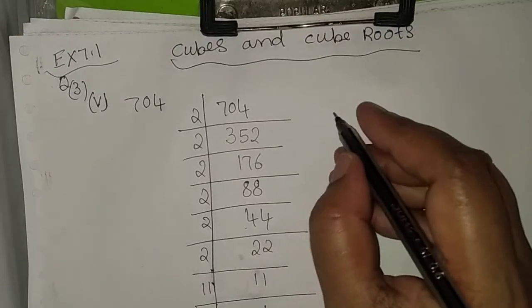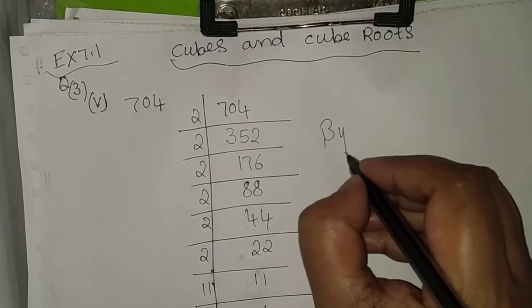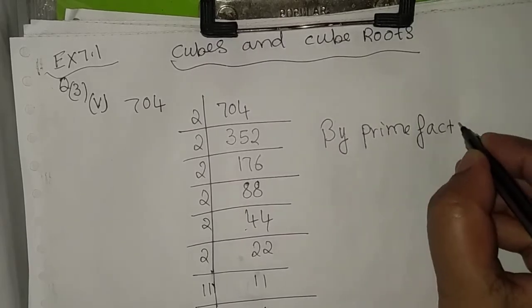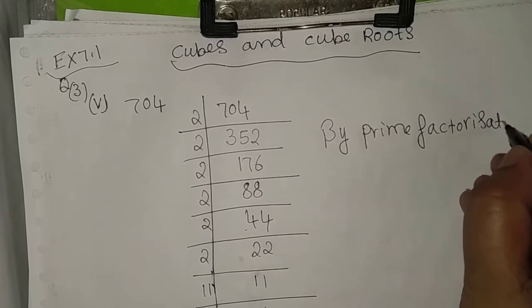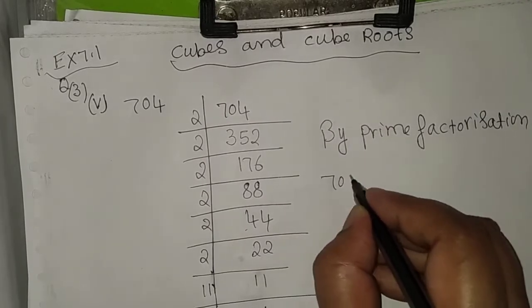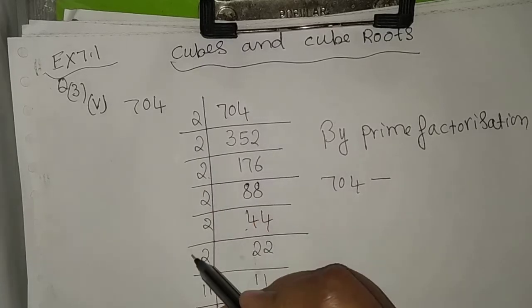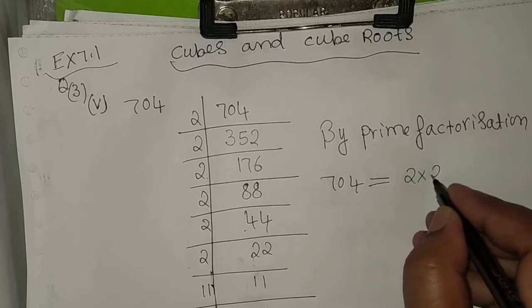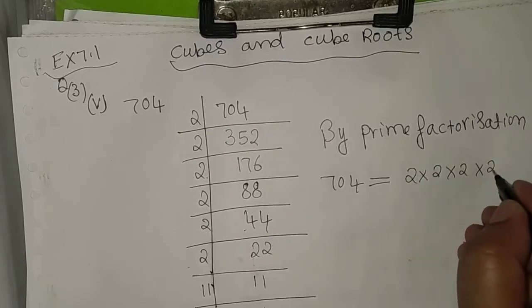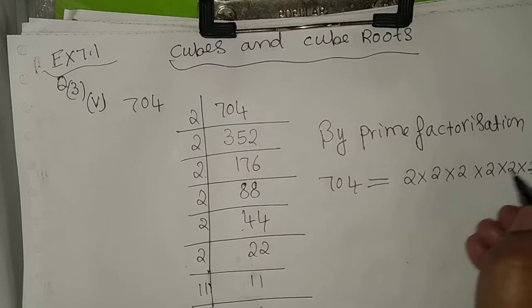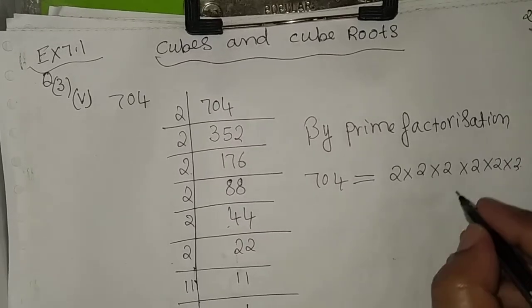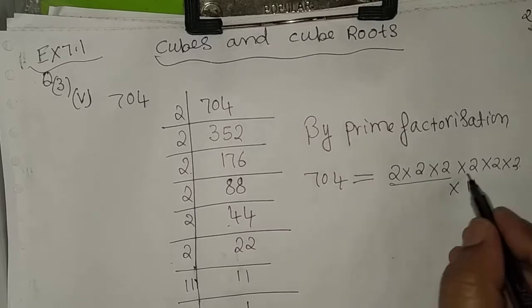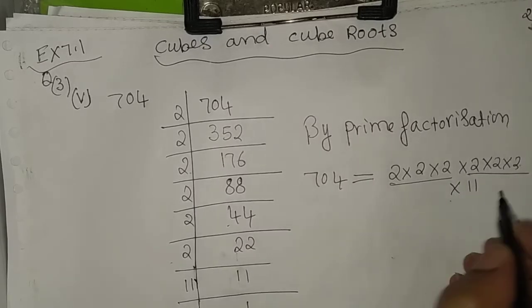So next step is by prime factorization. 704 is equal to, 6 2's are there and 11 is there, which is 2 into 2 into 2, 2 into 2 into 2, then into 11. Now group this, we get 2 groups of 2's and 11 is left out.